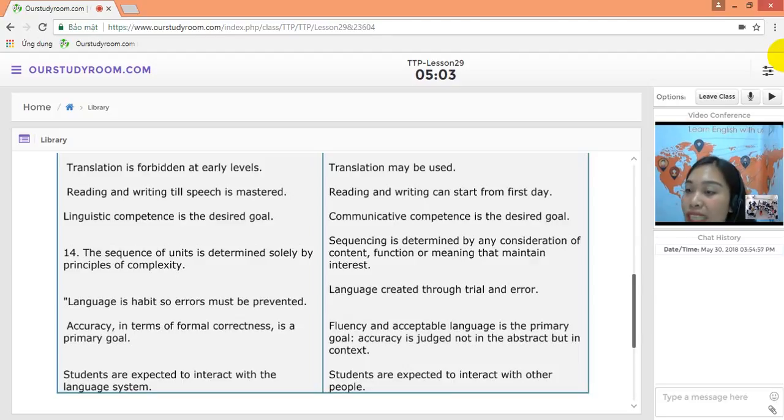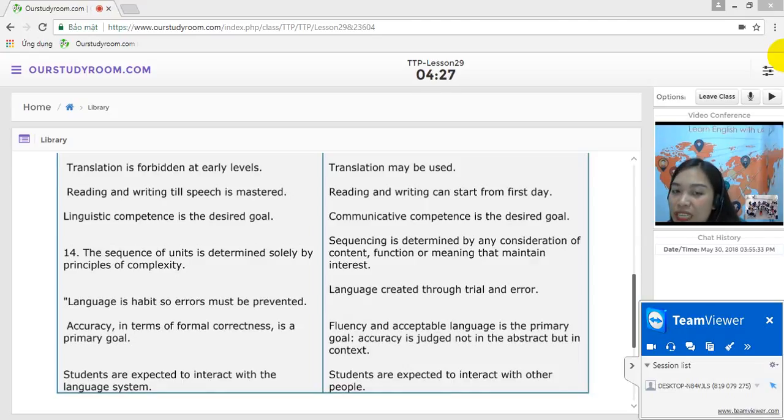It means at the end of the lesson, linguistic competence is the result required. In communicative, at the end of the lesson, students can communicate. Yes, exactly. Okay, very good, teacher Anna.